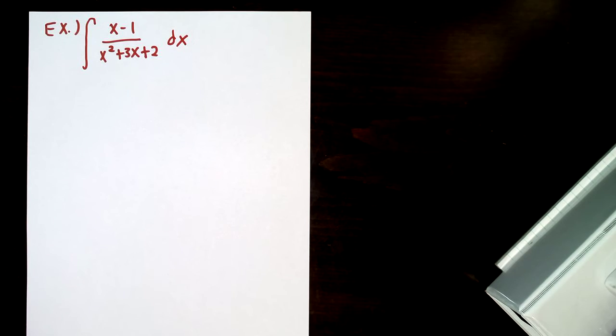All right, so the polynomial in the numerator is of lower degree than the power of the polynomial in our denominator. So we don't have to do polynomial long division.